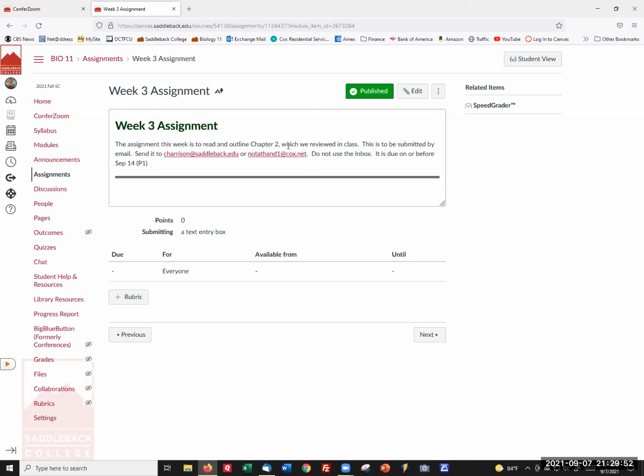For chapter 2, if you don't have the book in front of you, you can come back to the recording later when you do have the book, or you can just make notes. My chapter 2 starts on page 23. And it has a picture of a cell.